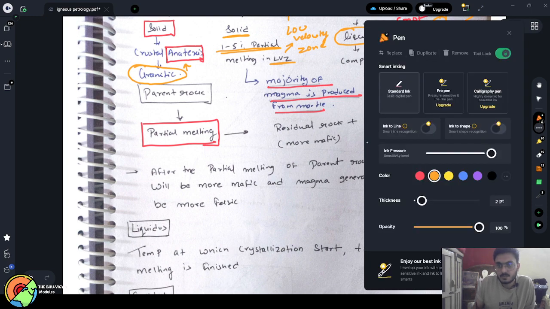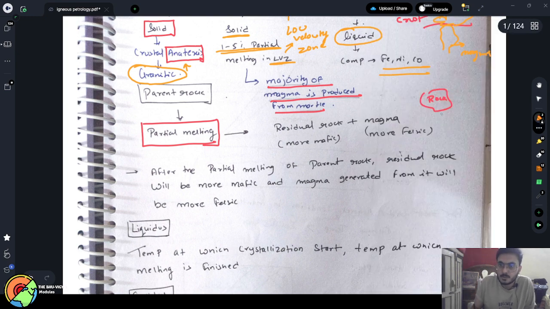This rock will break into two parts, solid and liquid. The liquid which is produced here is known as residual liquid. This residual liquid will be more mafic. No, sorry, this residual liquid will be more felsic.